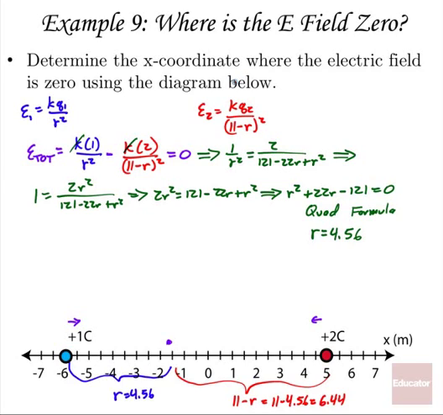If we start here at -6 and we add this distance R, 4.56, I get an x-coordinate of about -1.44. So it looks like our actual point for the correct answer should be at about -1.44, right about there, and we'll make our guesstimate go away. So we have found the x-coordinate where the electric field is 0.